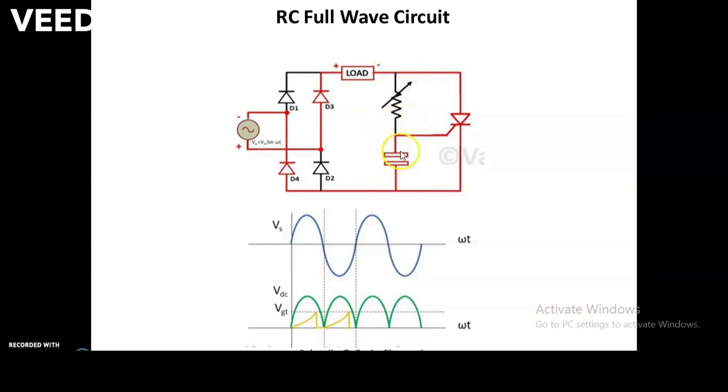Initially, capacitor has zero voltage, that is VC is 0. When positive half cycle appears from the input to rectifier, at the input of this resistor we are getting this pulse, and due to this pulse, through this resistor capacitor starts charging.